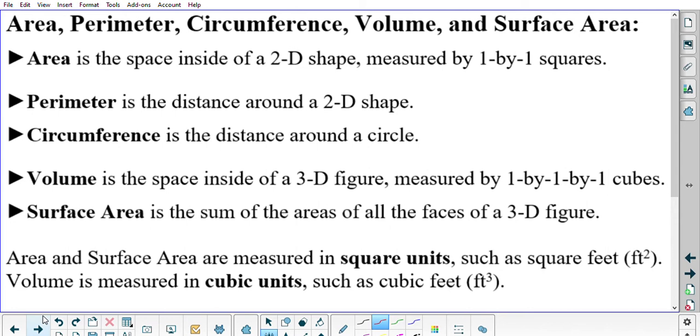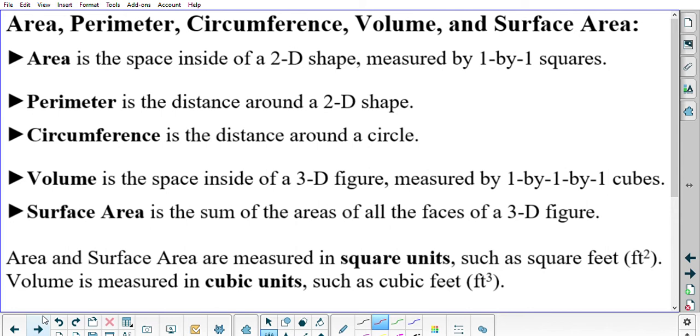Instead, it's the distance going around a two-dimensional shape. Circumference is the distance around a circle specifically. So perimeter, I should have clarified, is really the distance around a two-dimensional polygon, such as triangles, trapezoids, rectangles, pentagons, and so on. Circumference is always the distance around a circle.